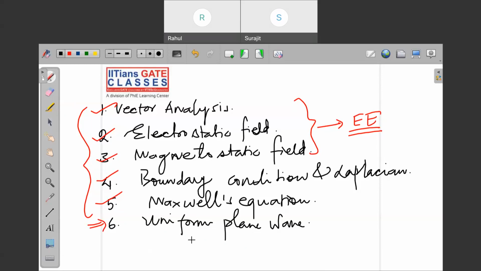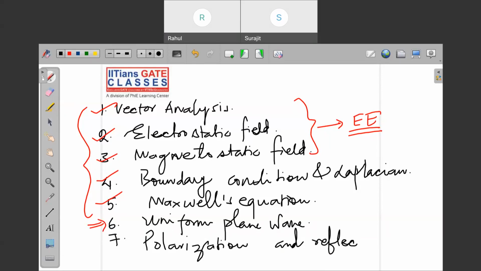right? But in order to understand uniform plane wave, and in future topics, we will be talking about polarization and reflection and refraction, right? Polarization is one of the very important topics for ECE, right? Polarization and reflection and refraction.